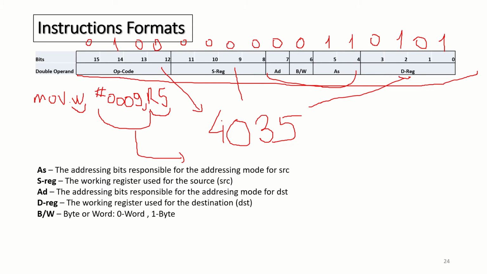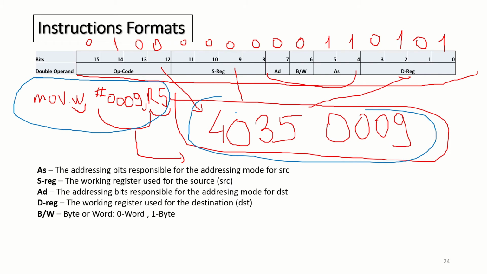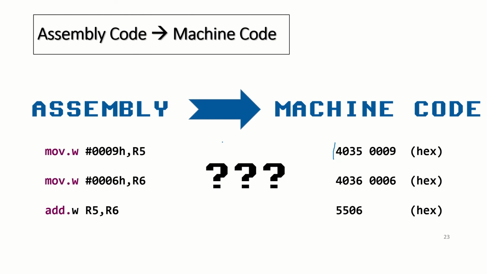So that will be 0, 0, 0, 9. Now you can understand how we converted this assembly instruction into machine code. If we go to the previous slide, we can see the machine code translation, and that is 40350009.